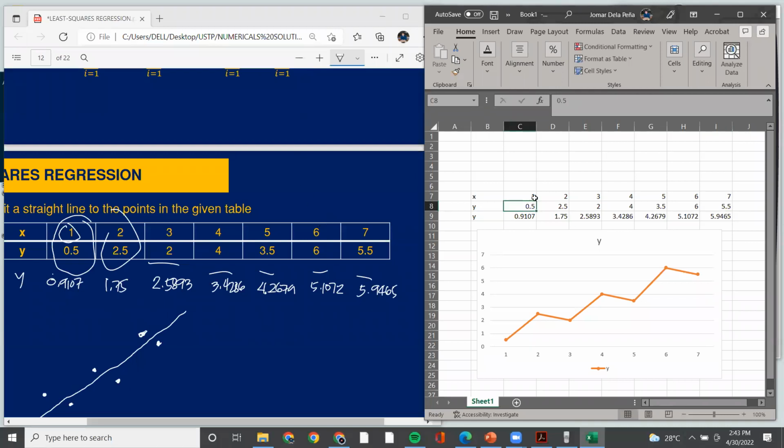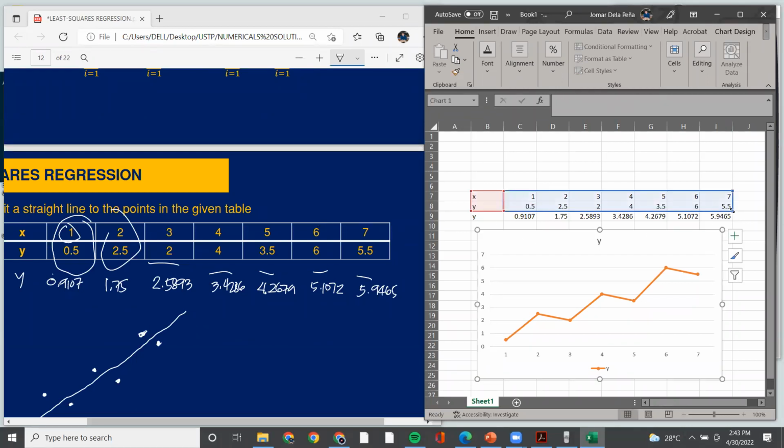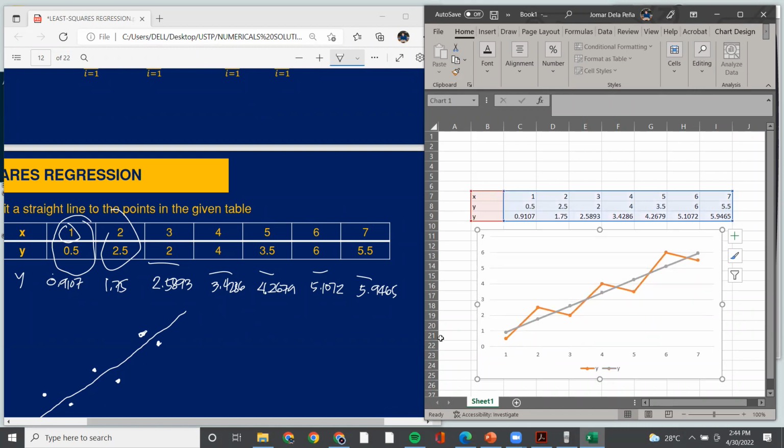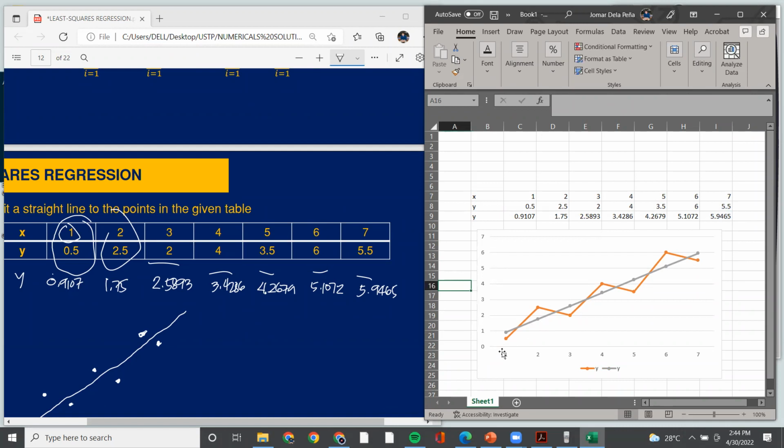Okay, so you can see the gray one is the corrected one. This is the curve fitting by linear least squares regression. You can see it is a straight line now.